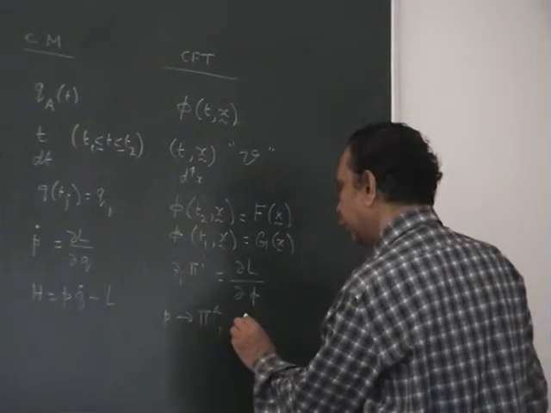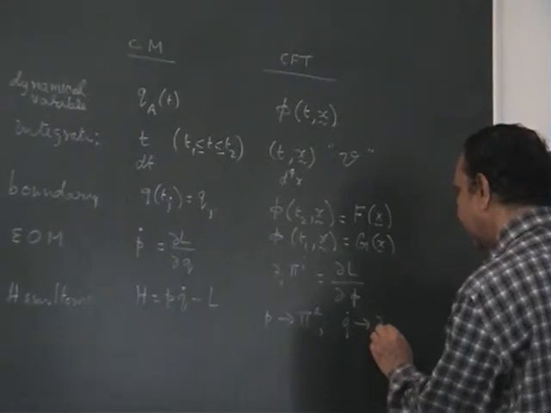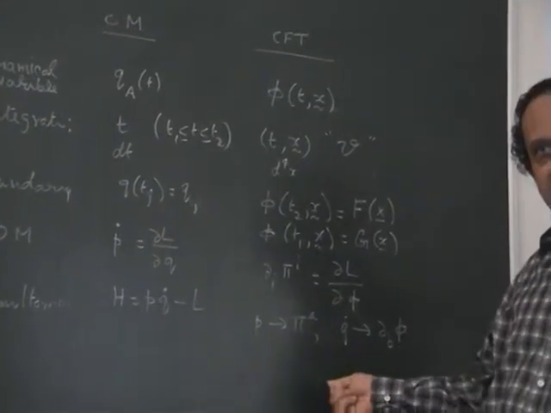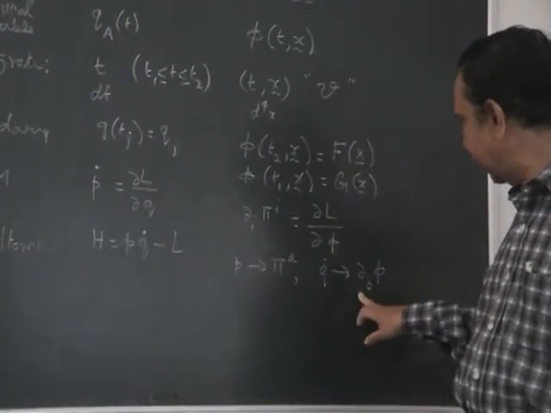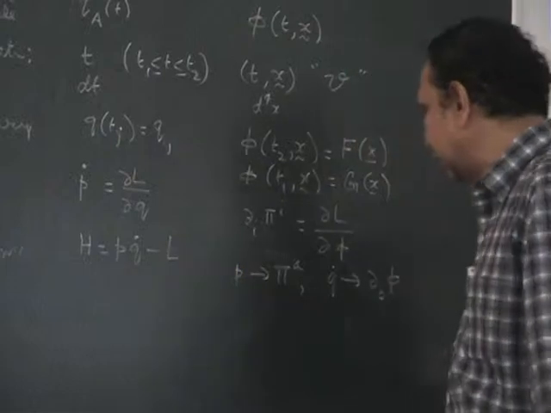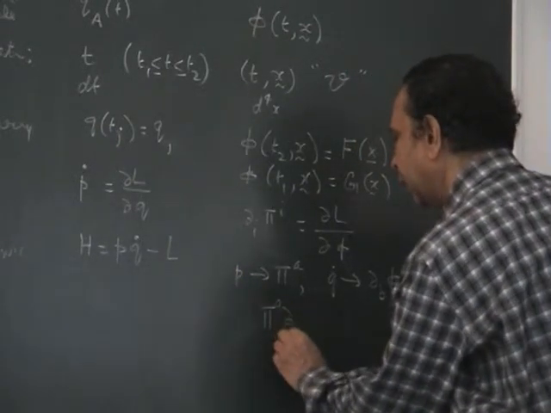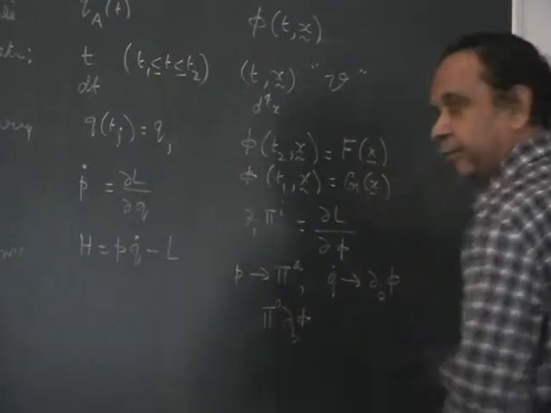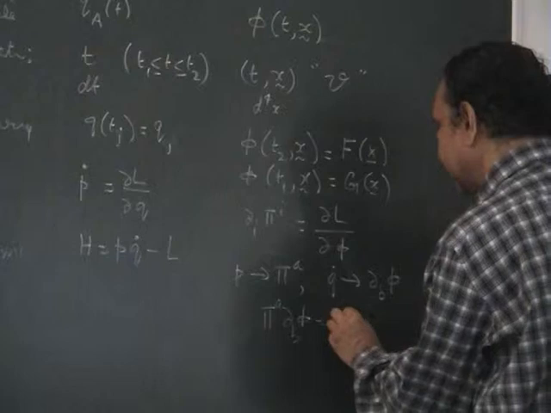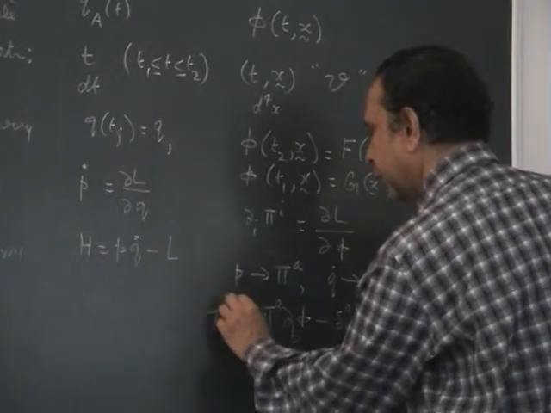Similarly, your Q dot here goes to, let us say, d_B of phi. Because Q dot is d by dt, I can't have just a time derivative, so I need time and space derivatives. Therefore, the PQ dot has to be replaced by something like pi^A d_B of phi. Then you want the L, which is treated as a unit matrix. This is the quantity you are defining as T.